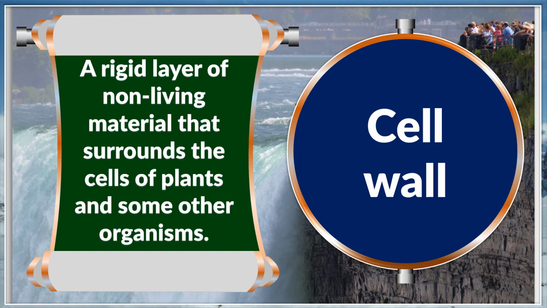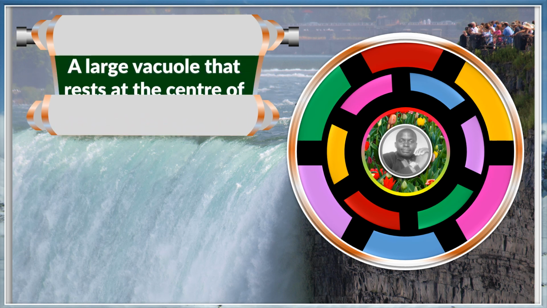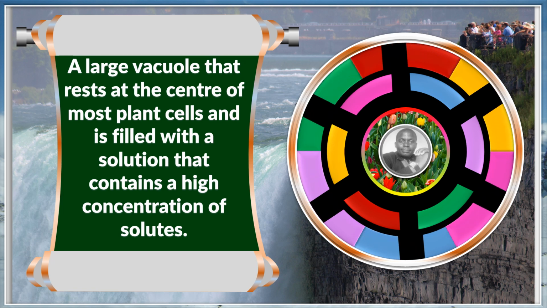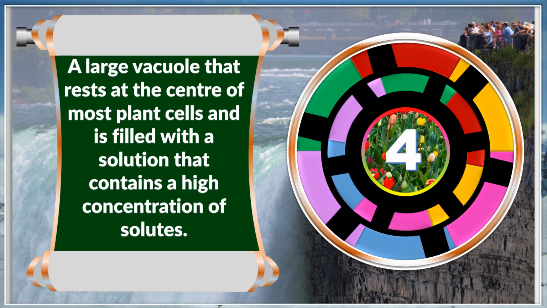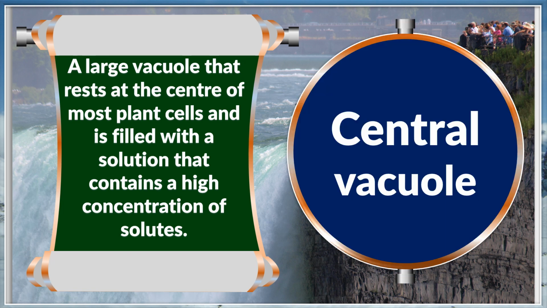Cell wall. A large vacuole that rests at the center of most plant cells and is filled with a solution that contains a high concentration of solutes. Central vacuole.